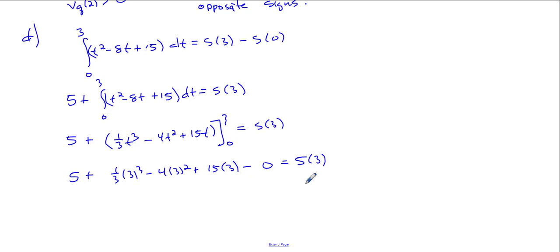Now guys, as long as your answer is all numeric, you can leave it. But seriously, we can do a little bit of math. What's 3 cubed? We've done it 100 times. 27. 27 divided by 3. Minus 3 squared, times 4. 15 times 3.